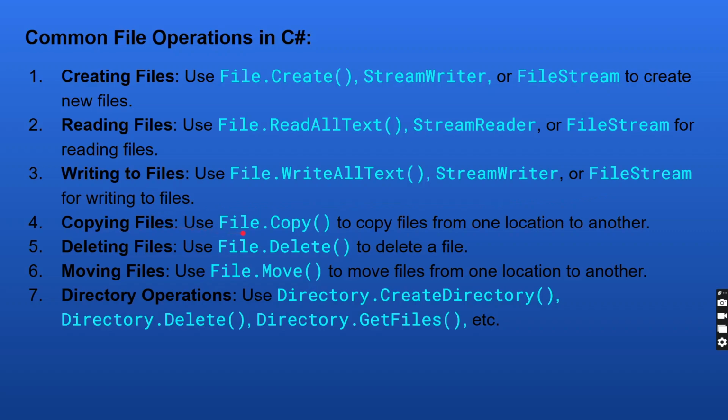Copying files: File.Copy to copy files from one location to another. Deleting files: File.Delete to delete a file. Moving files: File.Move to move files from one location to another. Directory operations: use Directory.CreateDirectory, Directory.Delete, Directory.GetFiles.